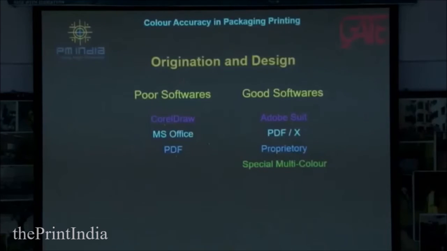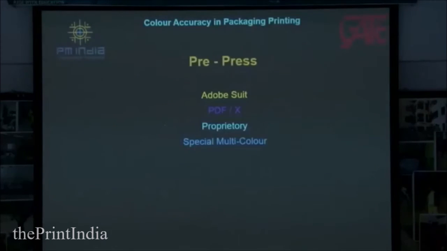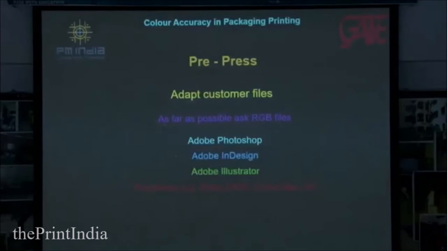Good software: Adobe Suite, PDF/X, some proprietary software. In prepress, adapt customer files as far as possible as RGB files. Use Adobe Photoshop, InDesign, Illustrator, or some proprietary software if you have special requirements.